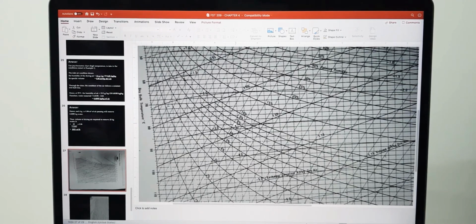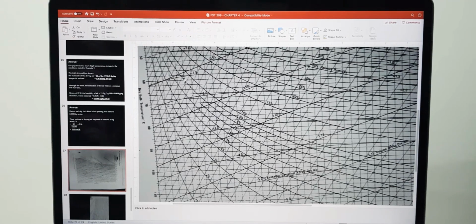Can you see this one is 10% followed by 9, then this one is 8. So highlight this curvy line until it intercepts 60 degrees Celsius. Okay, it's supposed to be here.